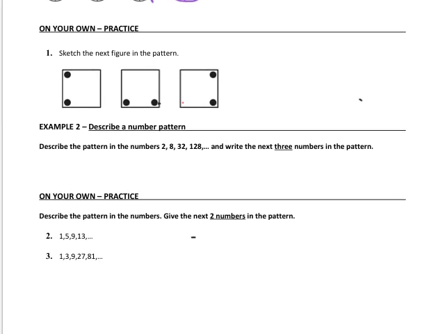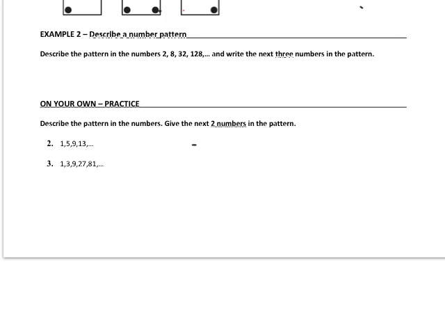I'm going to go down here to example number 2, describe a number pattern. So if I'm looking at the pattern 2, 8, 32, 128, and we need to write the next 3 numbers in the pattern. Okay, so 2, how did we get from 2 to 8? Well, we could say that we added 6, or we could say that we multiplied by 4.